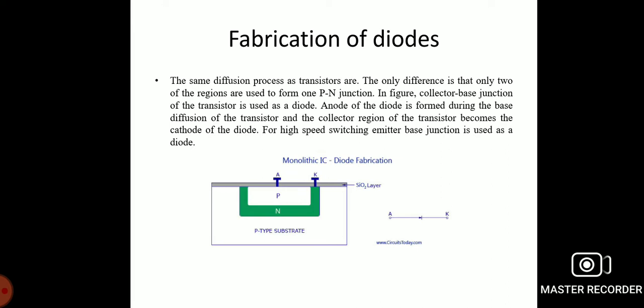Number one, the emitter base diode with the collector short circuited to the base. Second, the emitter base diode with the collector open. And the third, the collector base diode with the emitter open circuited.